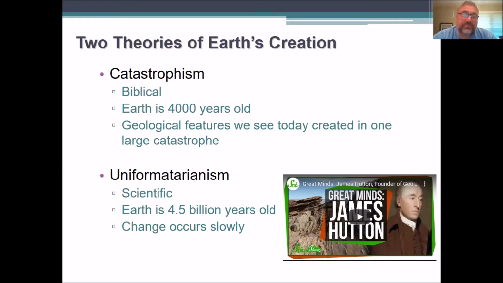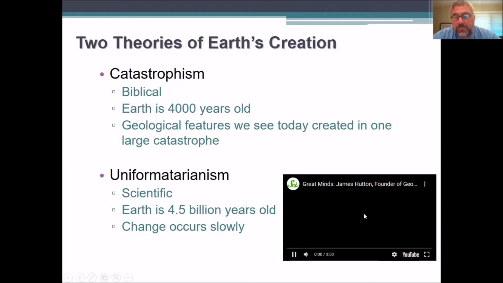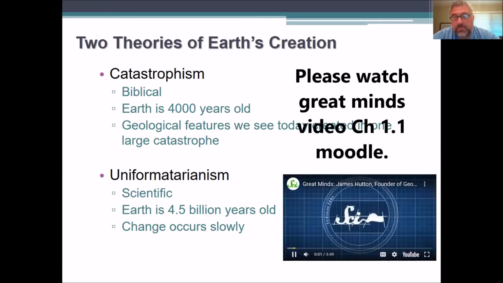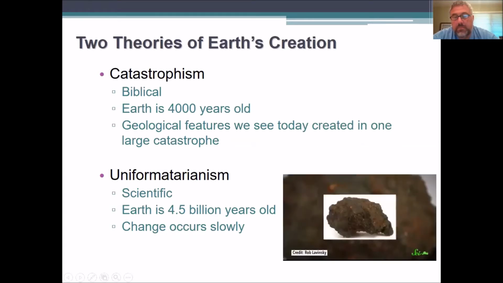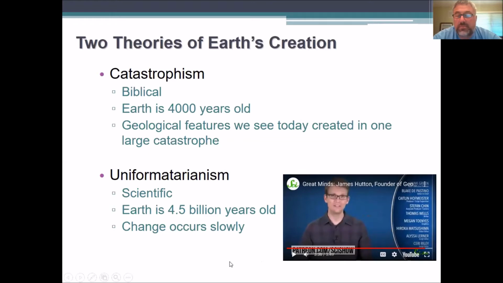And when you think about it, if we look at different parts of the Earth and where they're at, we can start to paint a picture, and I won't steal the thunder from that. So yeah, it's pretty cool stuff. Catastrophism and uniformitarianism, which we call the law of uniformitarianism.